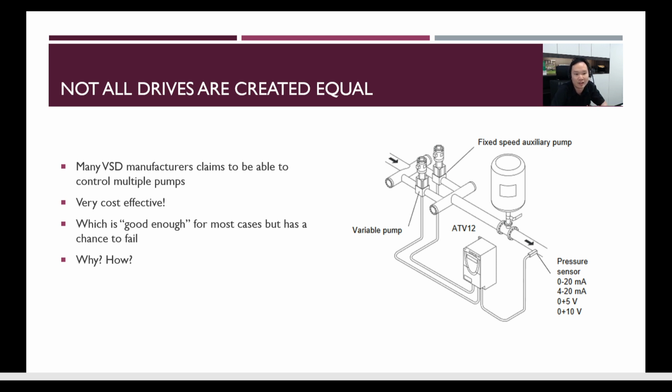In fact, the example on the right-hand side is lifted straight from the ATV12 catalog. It says they can control one variable pump and one fixed speed auxiliary pump. It makes a very cost-effective proposal, because instead of one inverter per pump, you only need one inverter to control all your pumps.